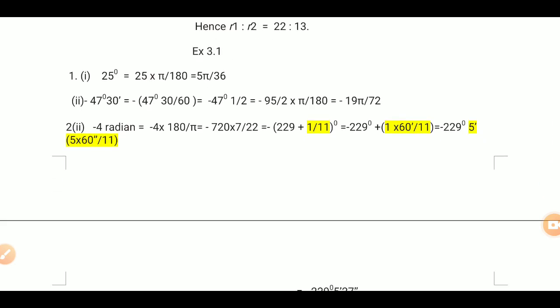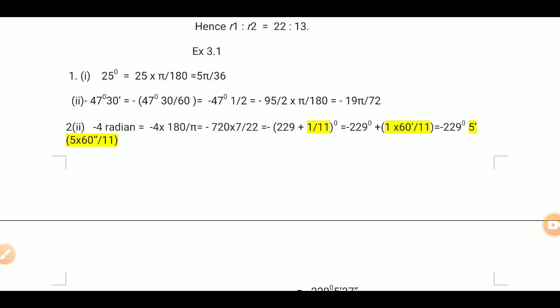Thus we get 229 whole 1 by 11. 229 is of full degree, 1 by 11 part of degree. So we convert it into minutes. So multiply it by 60. We get 1 into 60 upon 11.